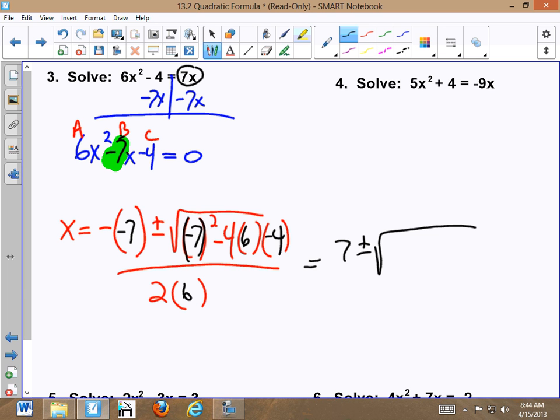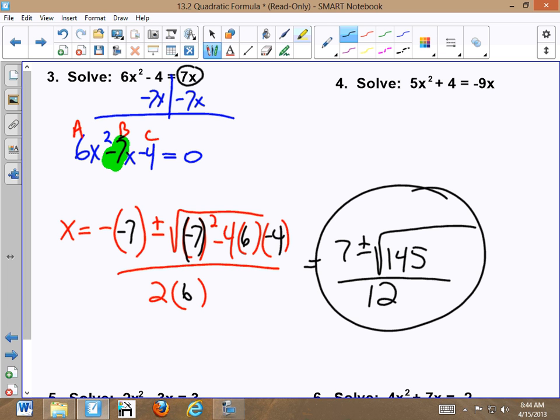A negative times a negative is a positive, so negative 7 times negative 7 is positive 49. So 49 minus 4 times 6 times negative 4 equals, I get 145 inside my square root. All over 12. That's my answer.